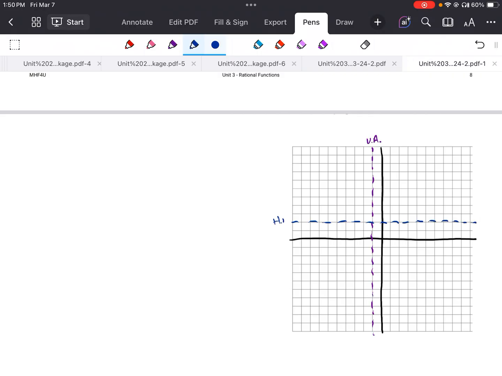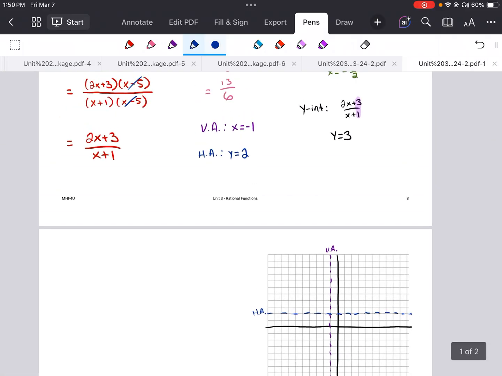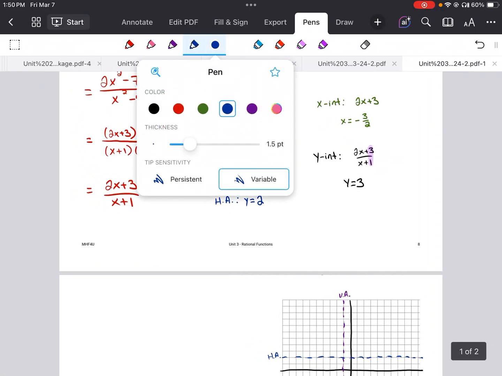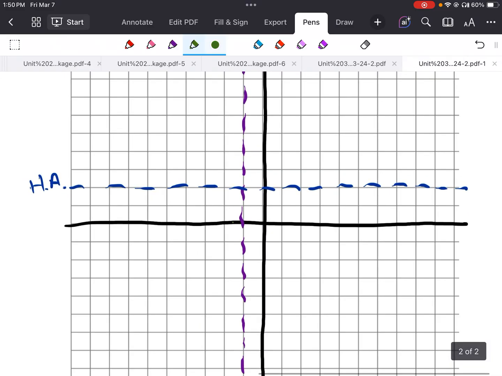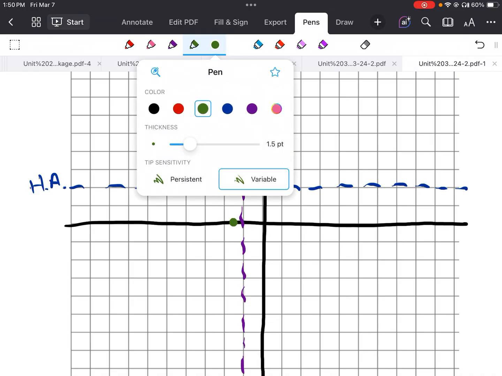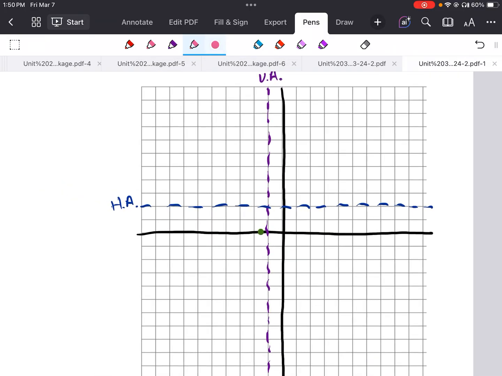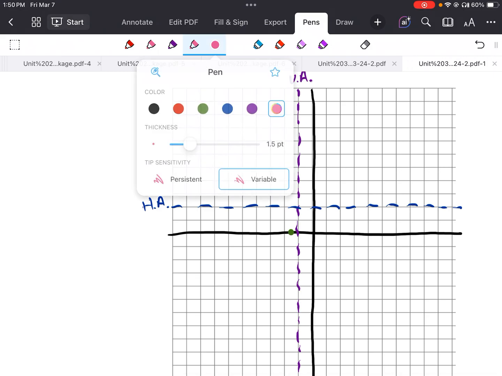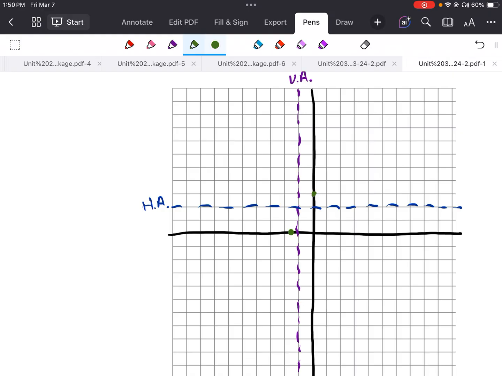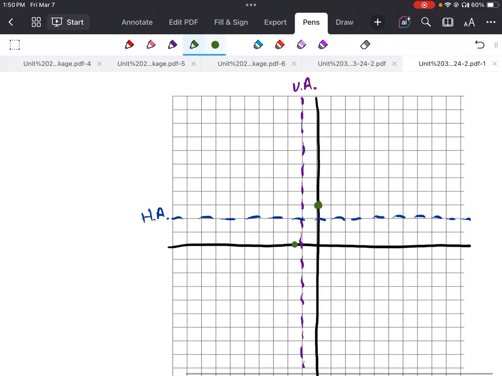Okay, that's a horizontal asymptote. We have a green x-intercept at negative 1.5, right about there. Clearly I can't do the y-intercept in black, but we have a y-intercept at positive 3. Okay, and we have a hole at 5 and 13/6, which is just over 2.